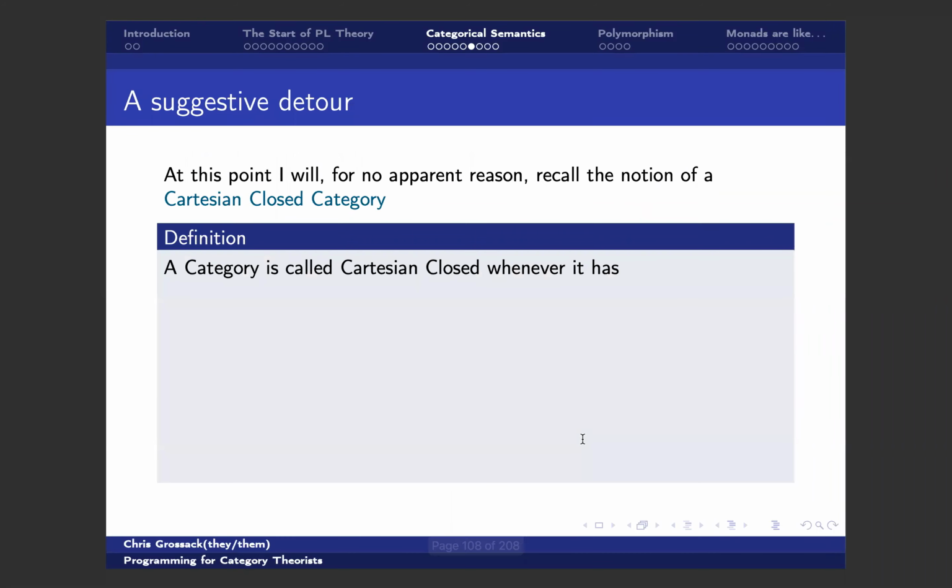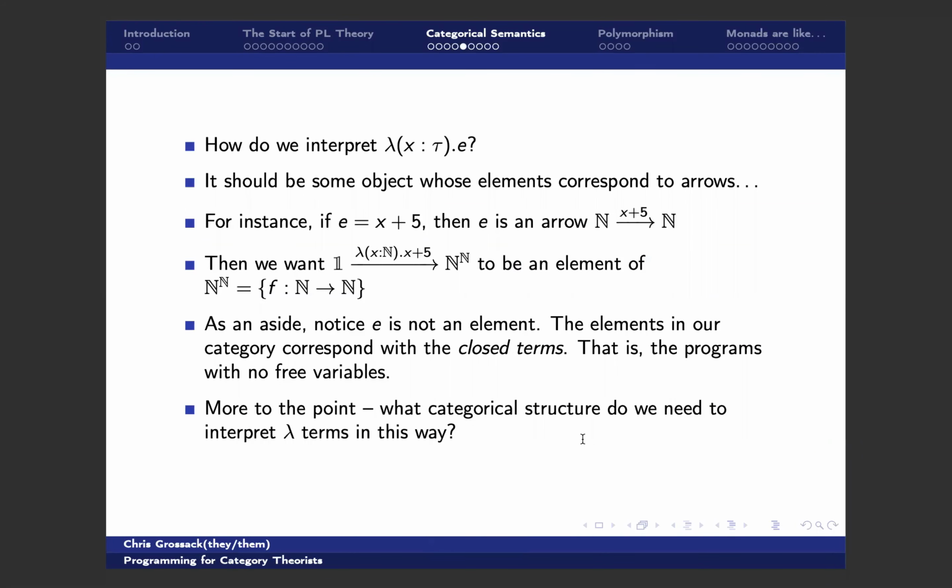I have a question real quick. So I'm a bit confused. On the third bullet point at the end of it, you have x plus 5. So I was wondering if you could explain how we're supposed to think about constants, right? So if 5 is a constant, which really behaves like an arrow from 1 to n, does that mean that plus is a map from 2 arrows into n?